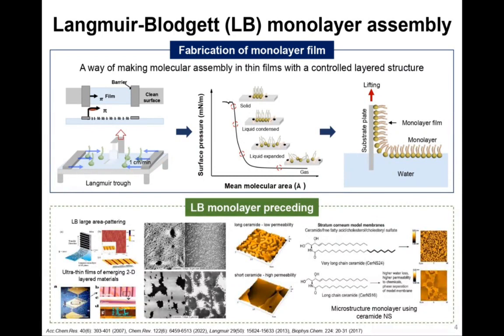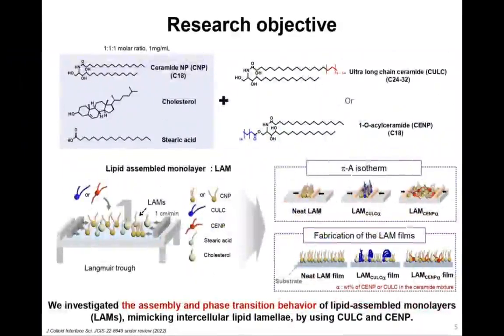In fact, patterning and film deposition techniques using the Langmuir-Blodgett have been widely studied, and many previous studies have been conducted, such as the lateral arrangement in monolayers based on the composition of ceramide and cholesterol, and the differences in structure depending on types of fatty acids of ceramide.